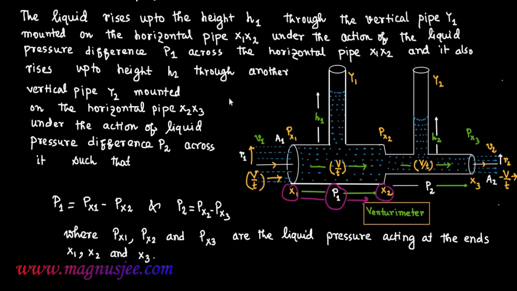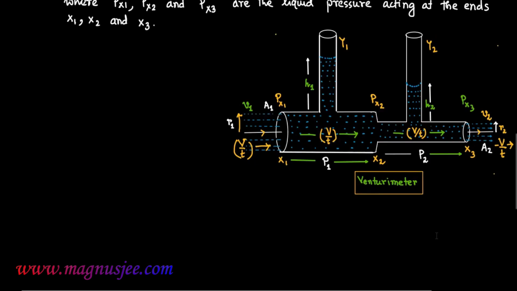Due to the pressure difference P1 acting across the pipe X1X2, liquid rises up to height h1 through the vertical pipe Y1. Similarly, due to P2 across X2X3, liquid rises up to height h2 through the vertical pipe Y2.